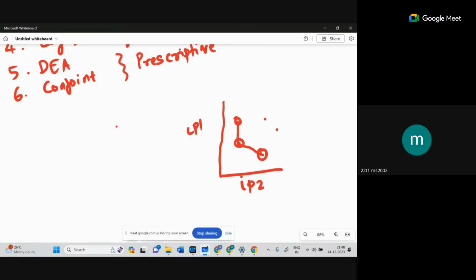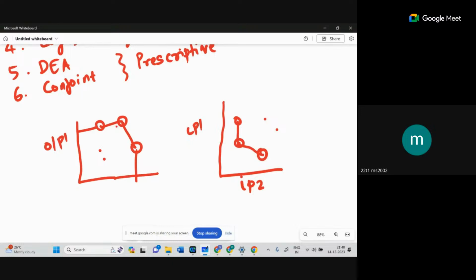Similarly, when it comes to output, these are the efficient frontiers. And if you want to complete the envelope, join the lines with the x-axis and y-axis and so on. Is it as simple as this? Sir, I don't get it. These are the efficient ones. Why are you saying these are the efficient ones?